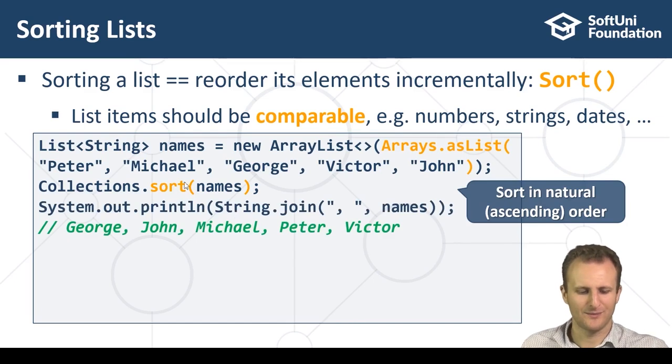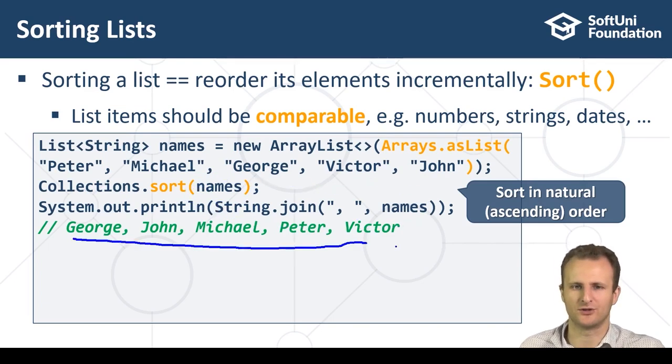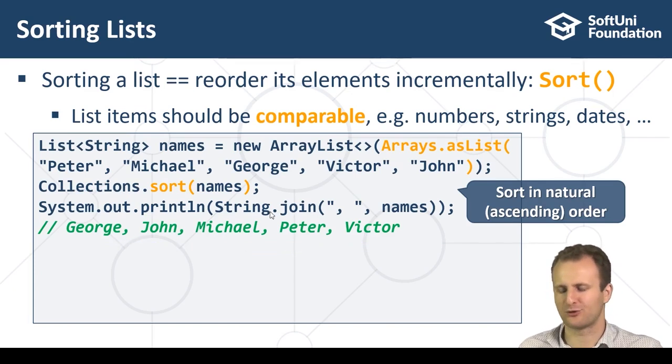Okay, so sorting these strings and joining them will print them in their lexicographical order, which is pretty much their alphabetical order, with some differences based on character casing and punctuation ordering and so on.